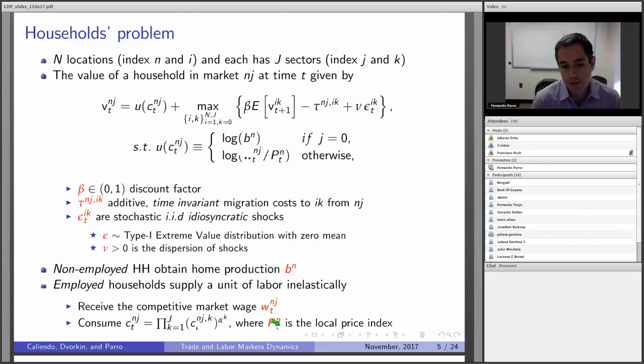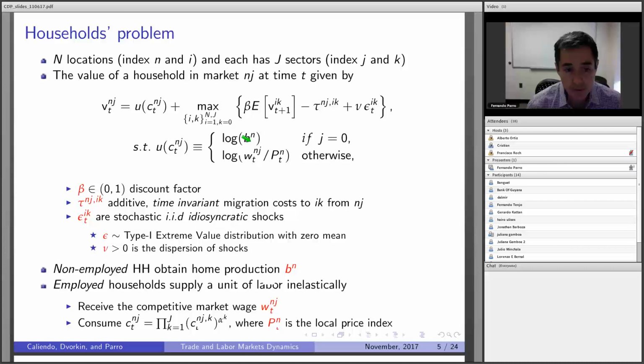But if Francisco is working in the finance industry and I am working in the textiles industry, we are going to earn different nominal wages, and therefore we are going to have different consumption power. A household that is non-employed is going to obtain consumption from home production, which is given by this parameter B_n, which is exogenous in our model.